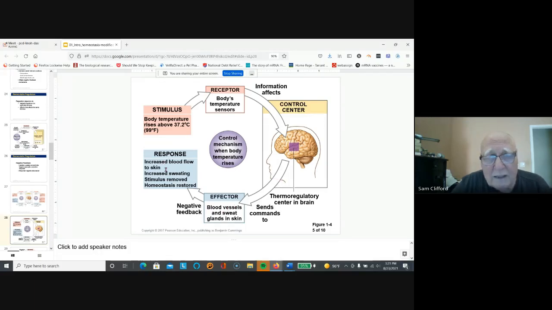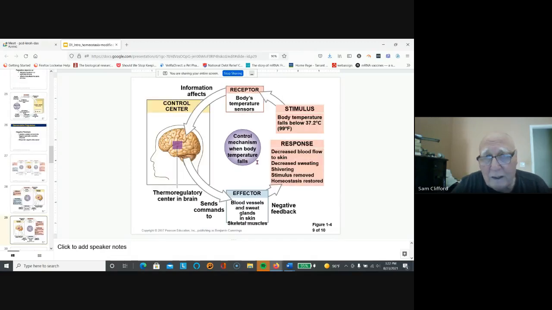There's always a response. If the temperature rises, it has to be returned to 37.2. If the temperature drops, it has to be returned to 37. So homeostasis is a process that uses a series of what happens to the blood vessels and so on.